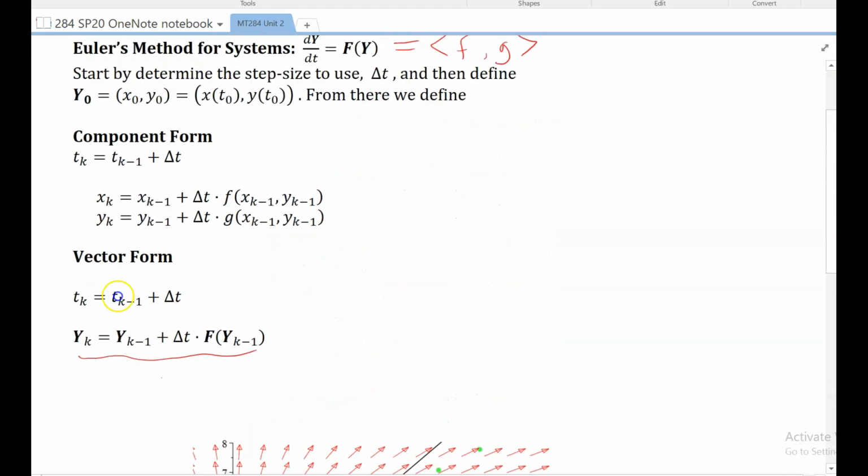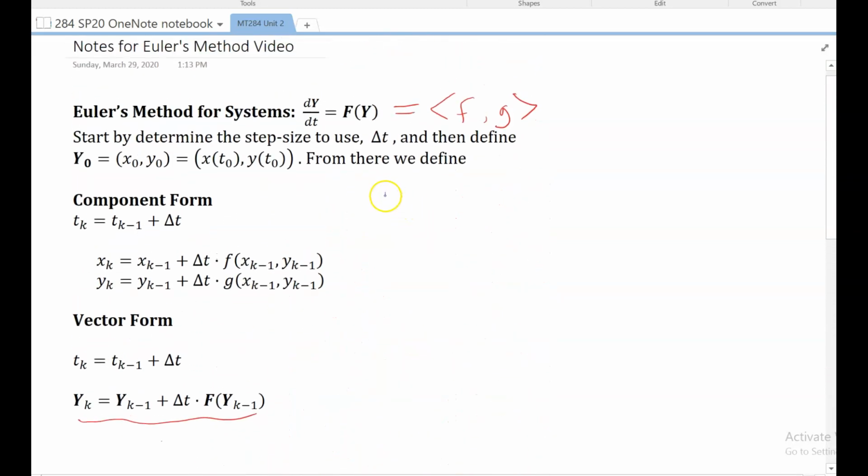I'm going to scroll back up to explain that step. To get the next approximate, we take our previous point, our previous vector, start there, and add on a step of size delta t in the direction of the tangent line. From what we've learned before, the derivative vector at the corresponding value of t is a vector tangent to the graph.